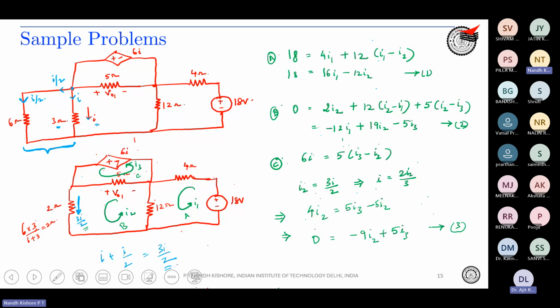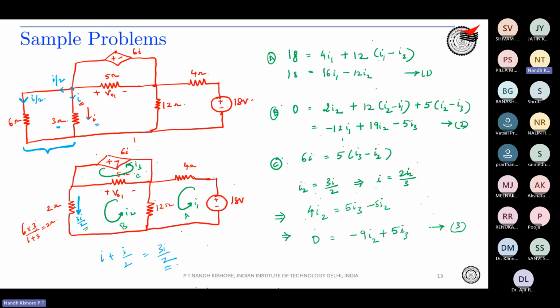Okay, so I hope this is clear to everyone, that is, how do we arrive at the mesh equation? The main thing is you will obviously be doing the mesh analysis, but the point is how do you link the dependent source, that is I, with any of your current expressions, I1, I2, or I3.